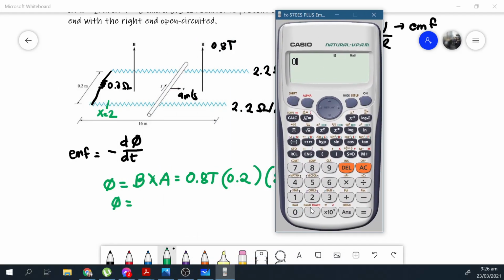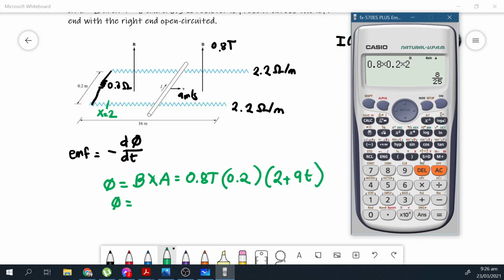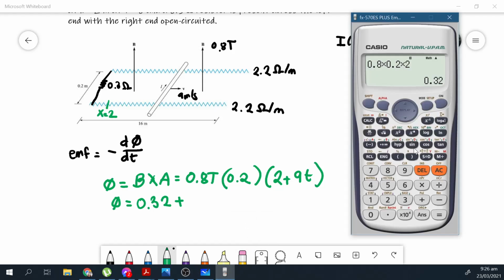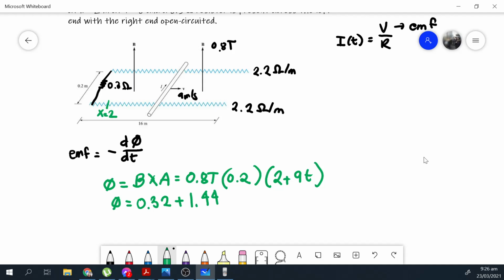We have 0.8 times 0.2 multiplied by 2, so you have 0.32, plus 0.8 times 0.2 times 9t, so we have 1.44t. So the flux is 0.32 plus 1.44t. We now have this value.